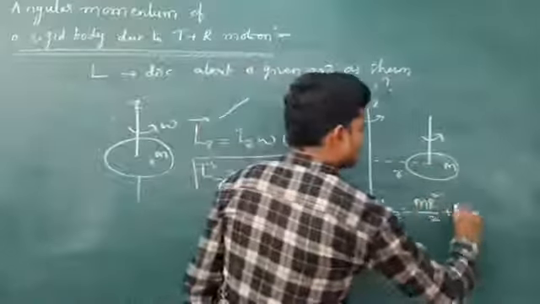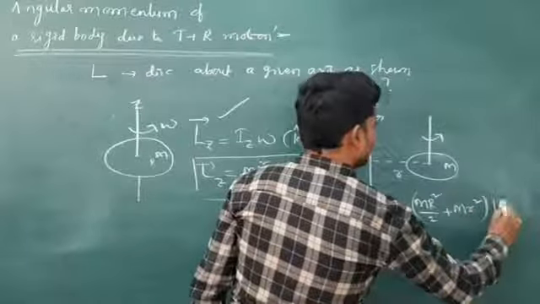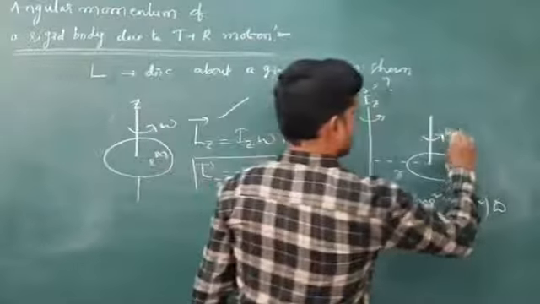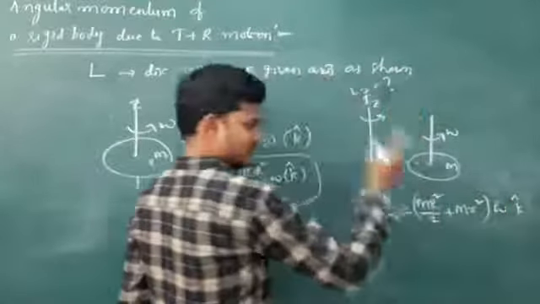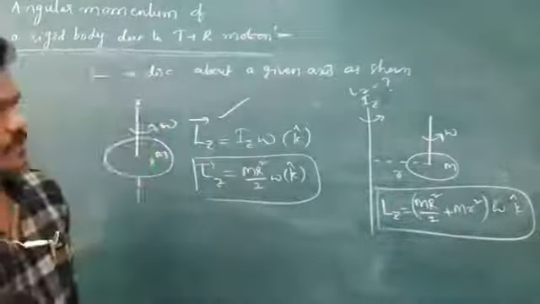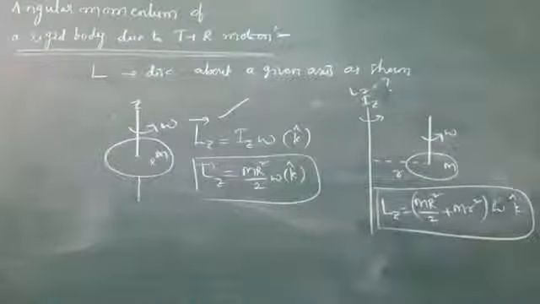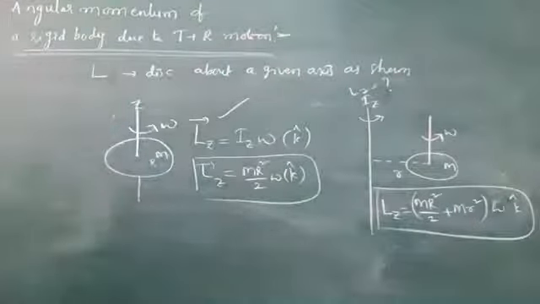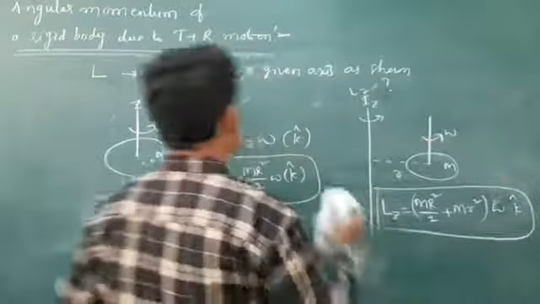So m r square by 2 plus m r square, into omega. It is rotating with omega and anti-clockwise rotation, so plus k cap I am using. Is it coming this one? Right side? Yeah. So omega k cap. Let us suppose the disc is rotating like this.